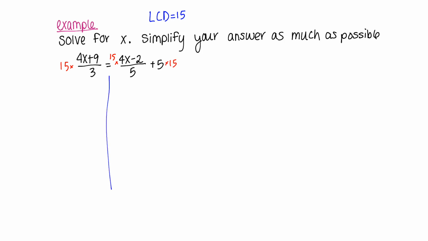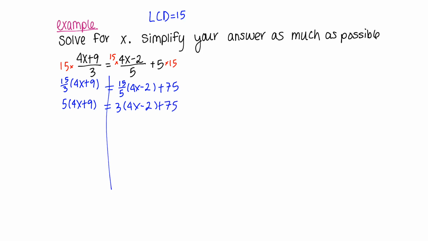Now I'm going to do my trick again where I do the 15 over 3 times 4x plus 9 equals 15 over 5 times 4x minus 2, and then 15 times 5 should be 75. 15 divided by 3 is 5, so 5 times 4x plus 9. 15 divided by 5 is 3, so 3 times 4x minus 2 plus 75.